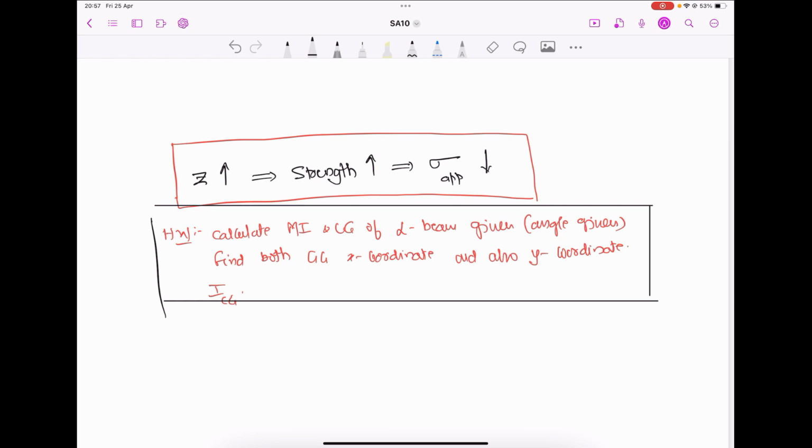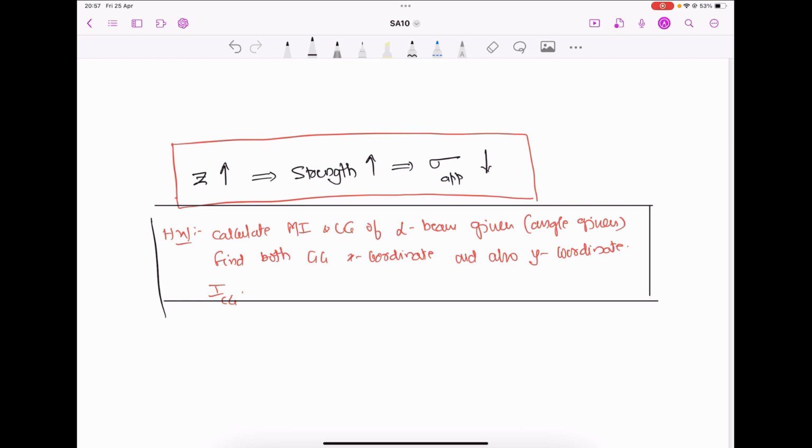We will do the calculations as per the code with the factor of safety, then compare sigma applied and sigma allowed using the factor of safety, and come to a conclusion whether the section modulus of this beam has to be increased or decreased.